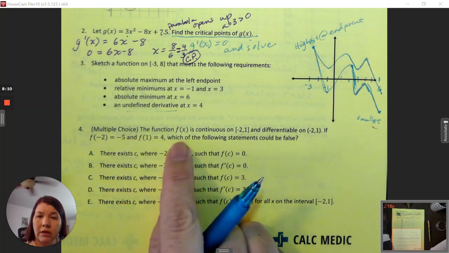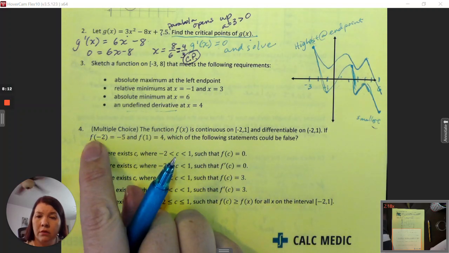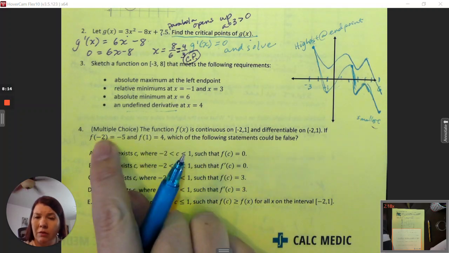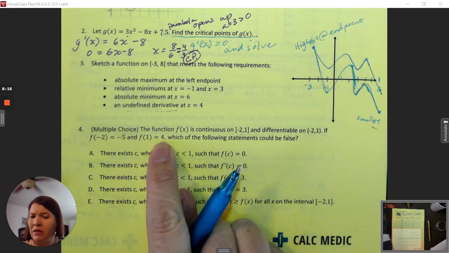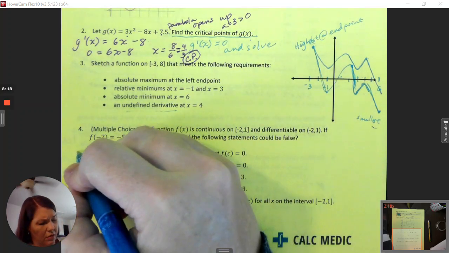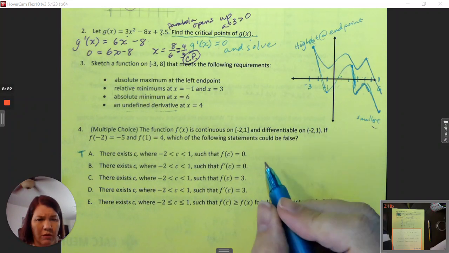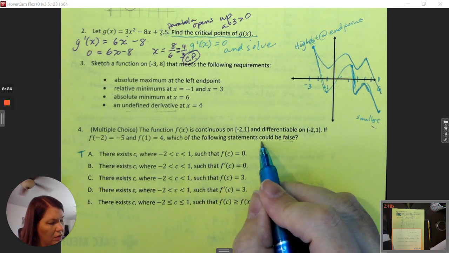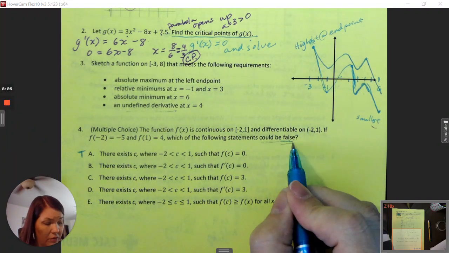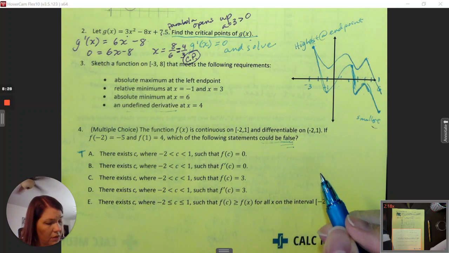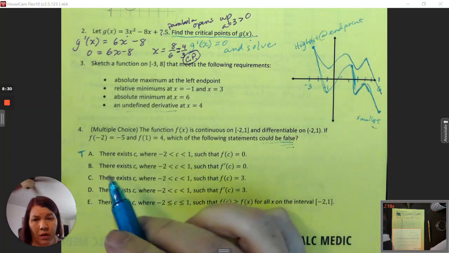Well, it's continuous, so it has to cross through 0 to get from there to there, right? So yeah, that's true. We're looking for the one that could be false. So A is true.